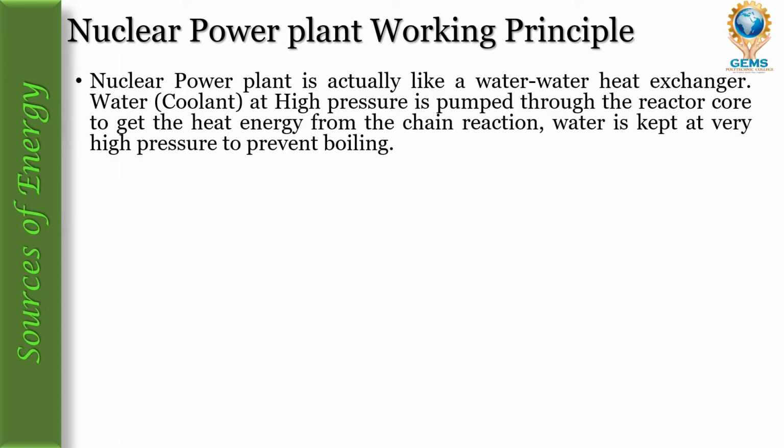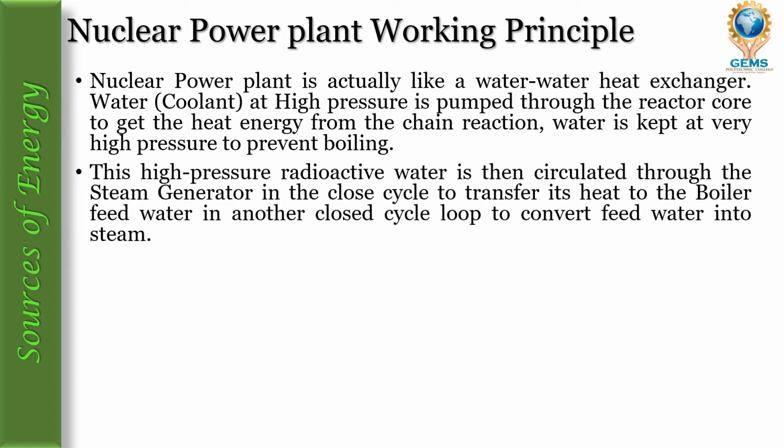A nuclear power plant is actually like a water heat exchanger. Water at high pressure is pumped through the reactor core to get the heat energy from the chain reaction. Water is kept at very high pressure to prevent boiling. This high pressure radioactive water is then circulated through the steam generator in a closed cycle to transfer its heat to the boiler feed water in another closed cycle loop to convert feed water into steam.